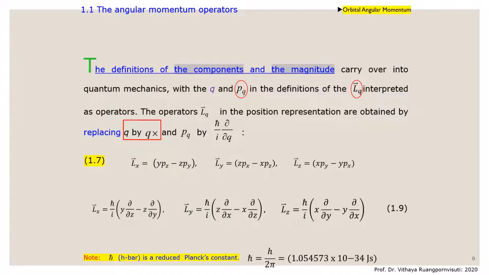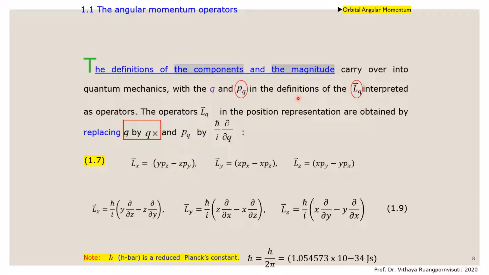The definitions of the components and the magnitude carry over into quantum mechanics with the position q and the momentum p_q in the definitions of the angular momentum components L_q.